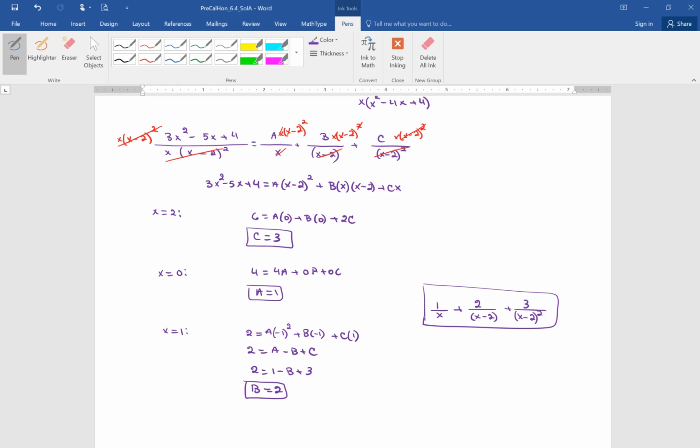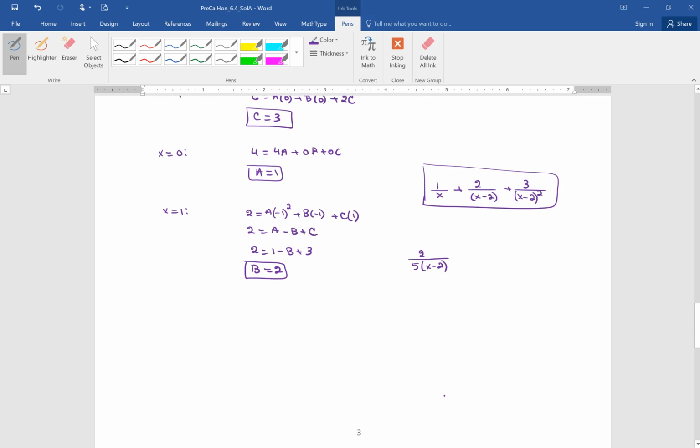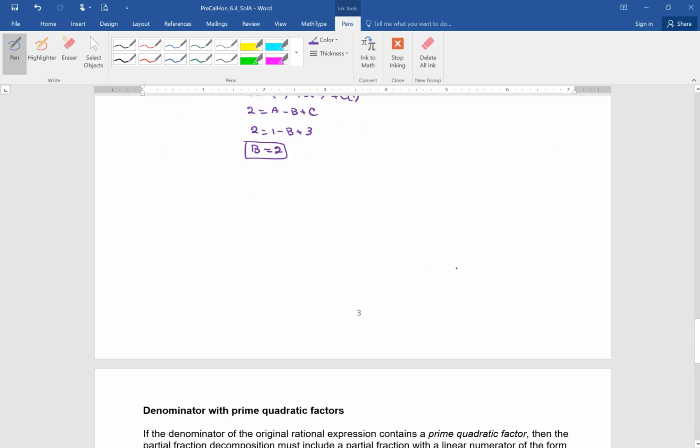So if one of these variables ended up as, instead of 2, let's say you got 2 over 5, how would you write that? It'll be 2 over 5 times x minus 2. You see what I mean? Like instead of B equals 2, suppose it was 2 over 5, and that's how you write it. We're going to be elegant and sophisticated.